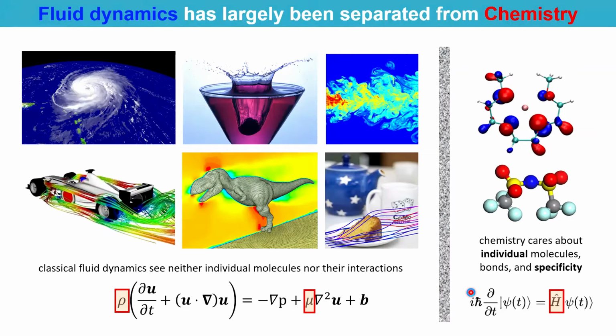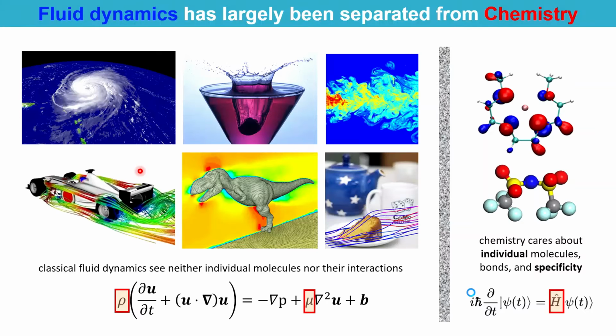This has actually served us very well. For example, a design engineer optimizing the flow near a race car to reduce the drag does not have to worry about the size and shape of oxygen and nitrogen molecules, and even less about, say, the vibration of the atomic bonds.